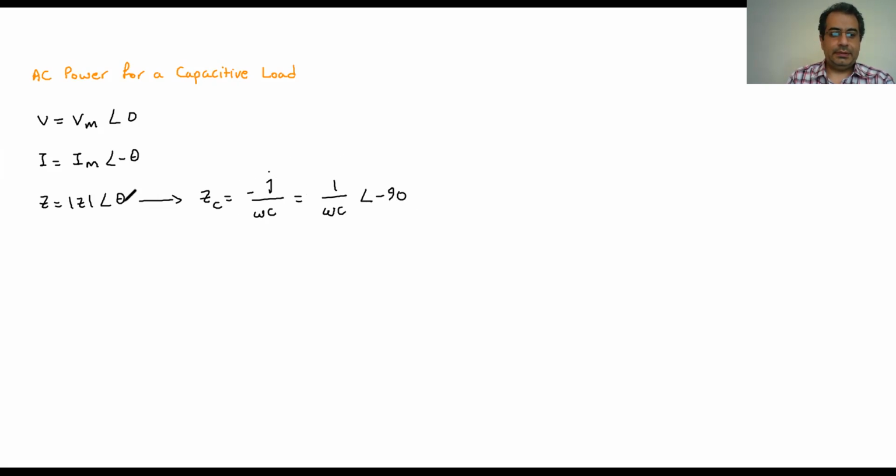If I compare these two together, it tells me that theta is negative 90.